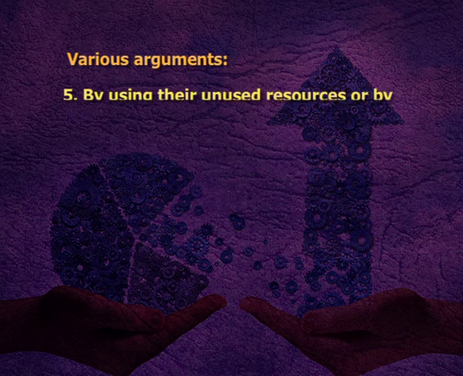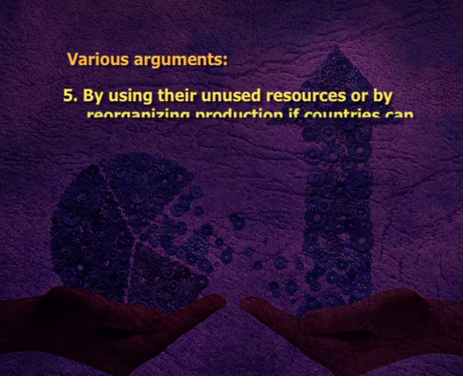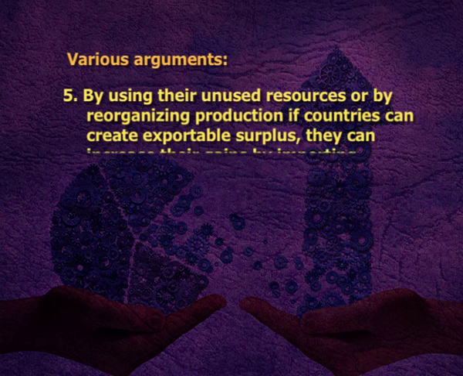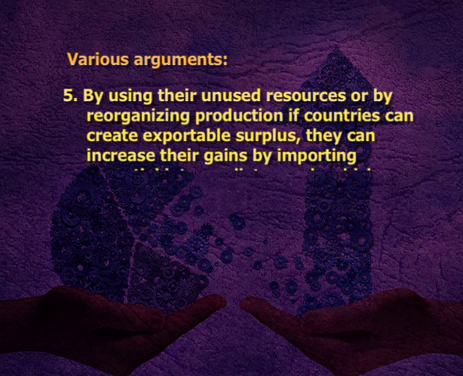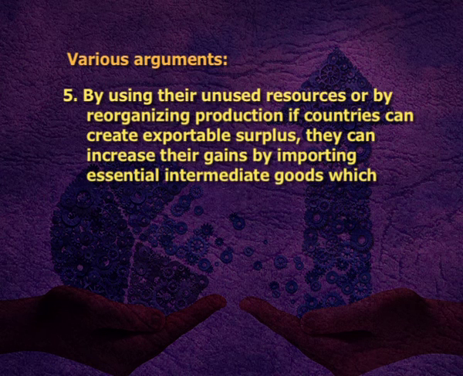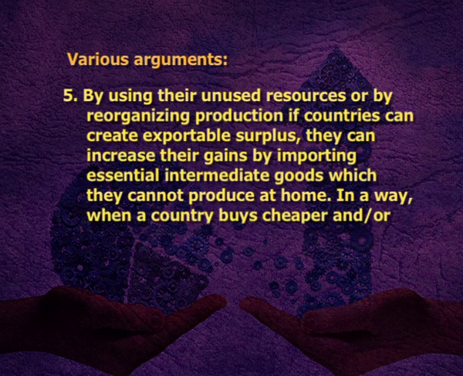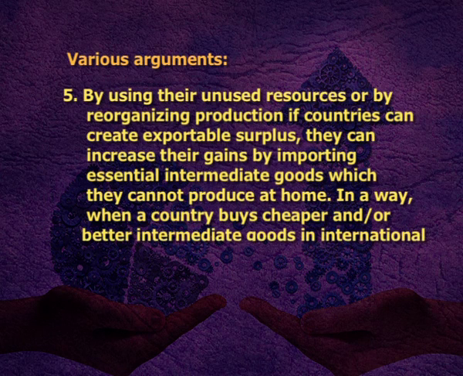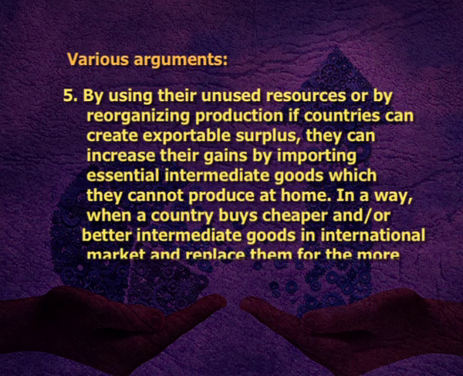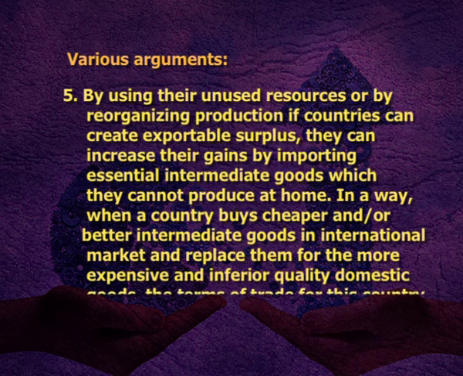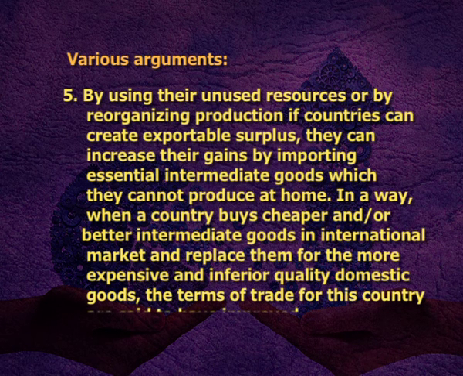By using their unused resources or by reorganizing production, if countries can create exportable surplus, they can increase their gains by importing essential intermediate goods which they cannot produce at home. In a way, when a country buys cheaper and or better intermediate goods in international market and replaces the more expensive and inferior quality domestic goods, the terms of trade for this country are said to have improved.